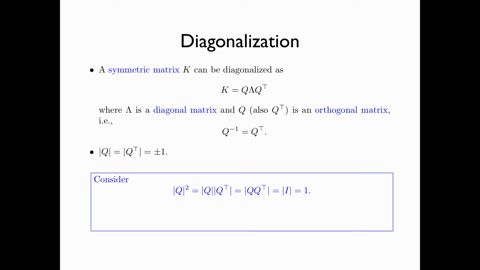This can be further written as the determinant of Q times Q transpose, which is equal to the identity matrix, because Q transpose is equal to Q inverse, as we have shown. Now the determinant of the identity matrix is equal to 1, and so we have the square of the determinant of Q is equal to 1. And this shows that the determinant of Q and the determinant of Q transpose are equal, and they are equal to either plus 1 or minus 1.